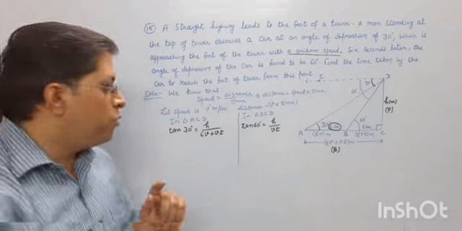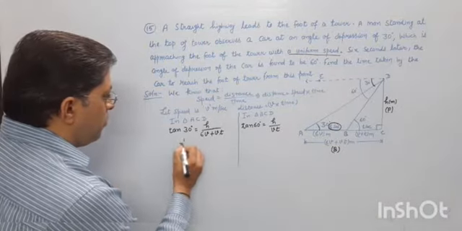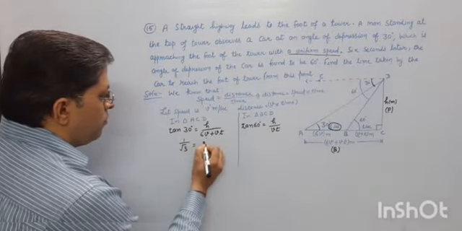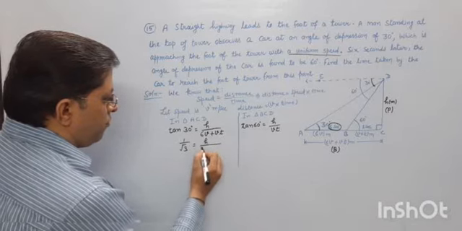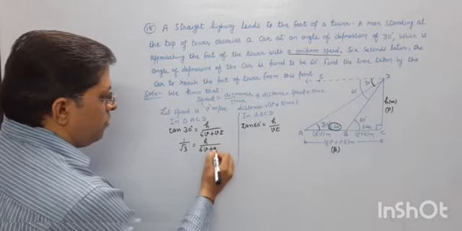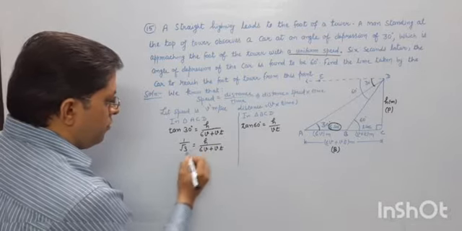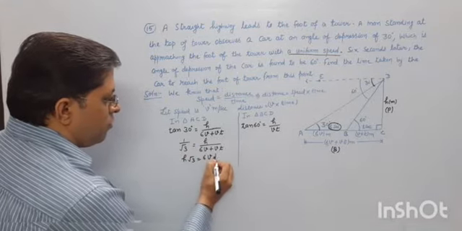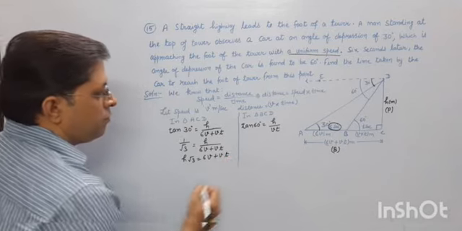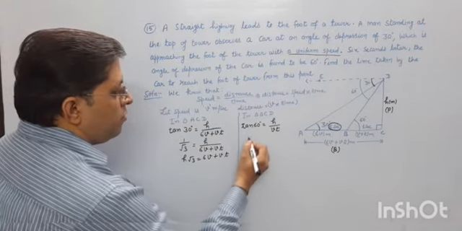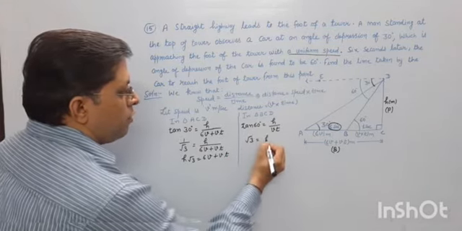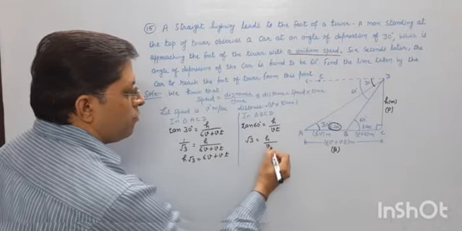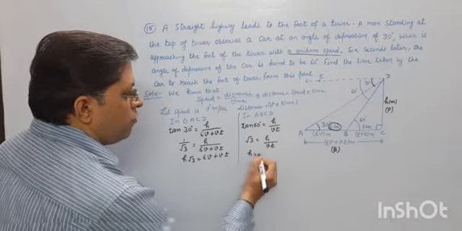Now see, tan 30 is what? 1 upon root 3. So 1 upon root 3 H equals 6V plus VT. Then H is root 3 times (6V plus VT). Here tan 60 is root 3, so root 3 equals H upon VT. H will be what?